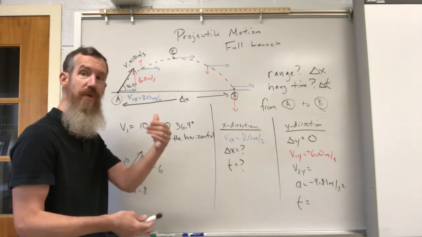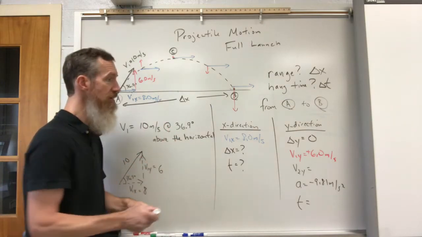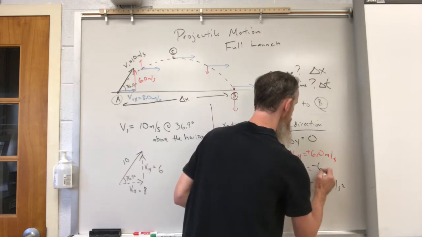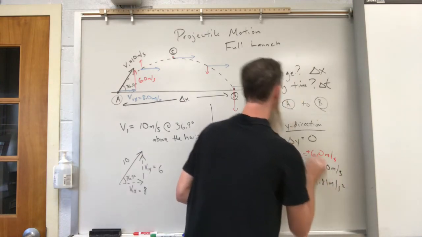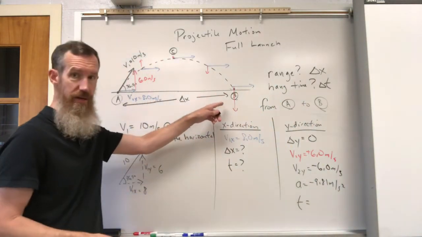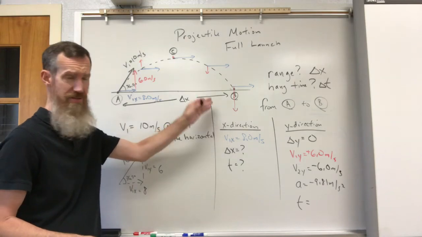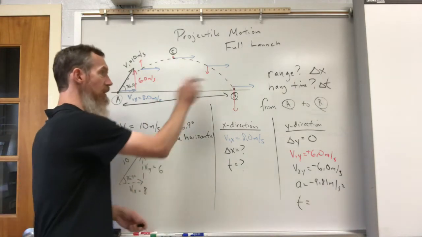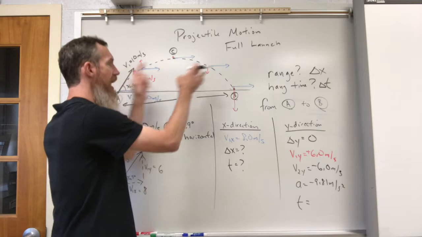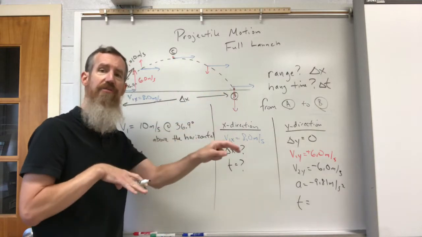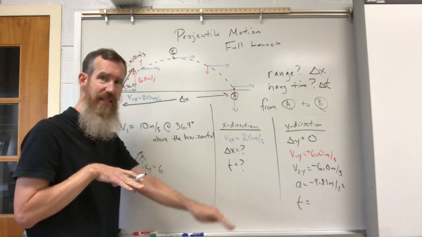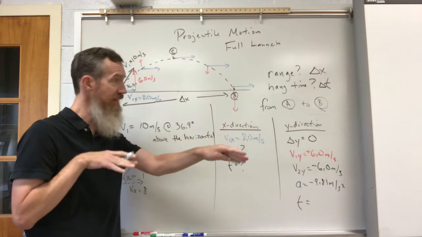It's going to be coming down with 6. So I do know the y velocity right here, except it's downward. Now this only works, of course, if it's launched and lands at the same height. If the landing point is a different height than the starting point, then that's not true.